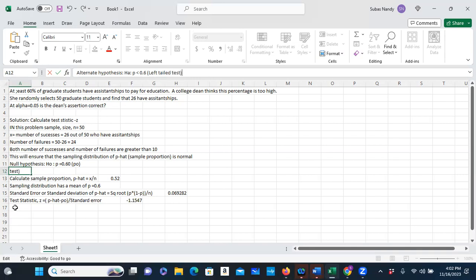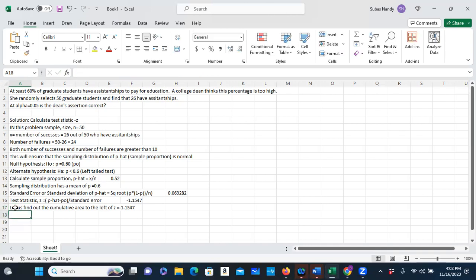So let us find out the cumulative area to the left of Z equal to minus 1.1547.